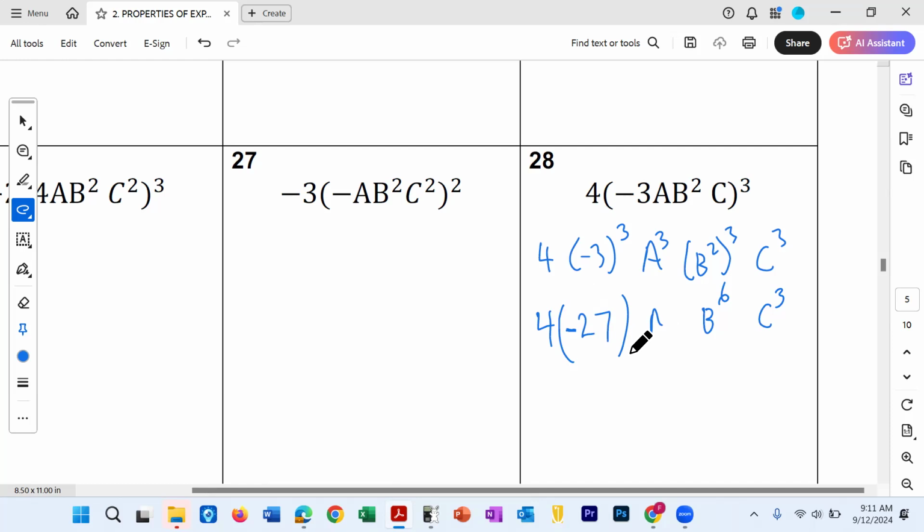But let me finish this question and then I'm going to ask you a question, okay? So then now I bring down my a to the 3rd, and last but not least, 4 times -27 is going to give me what? Yes, James? So I got -108. Oops. -108, a to the 3rd, b to the 6th, and c to the 3rd, okay?